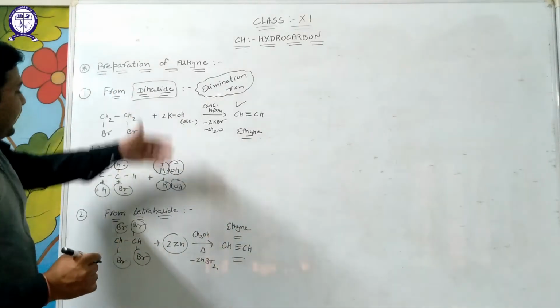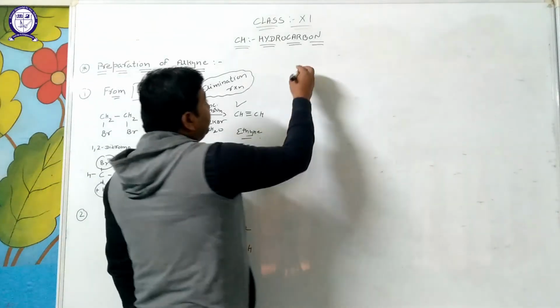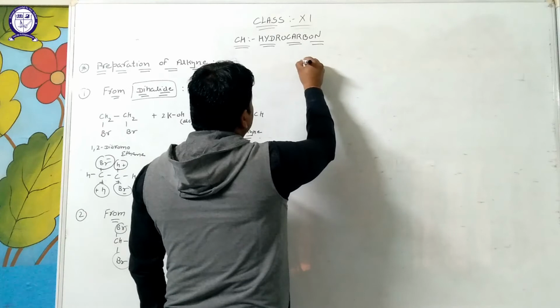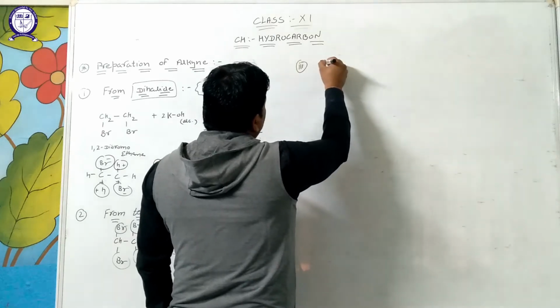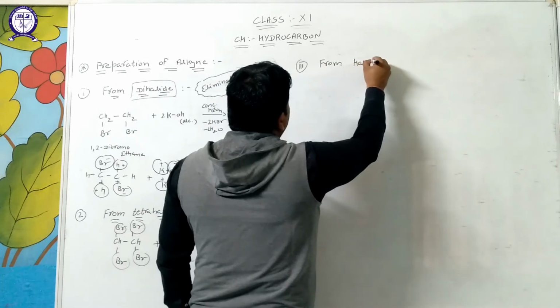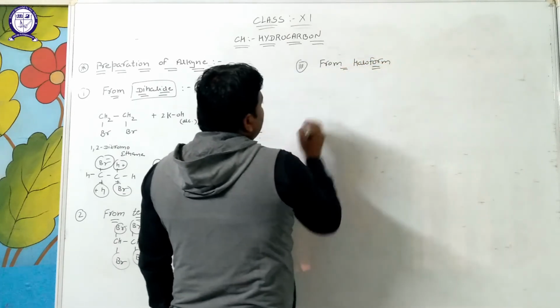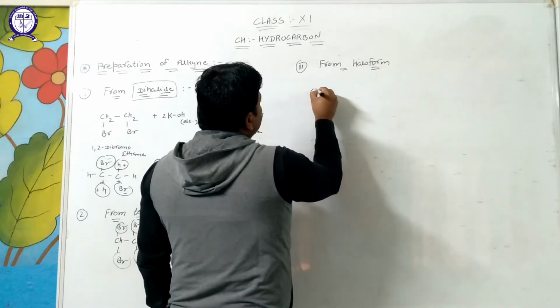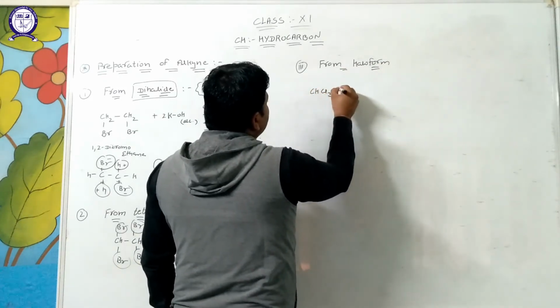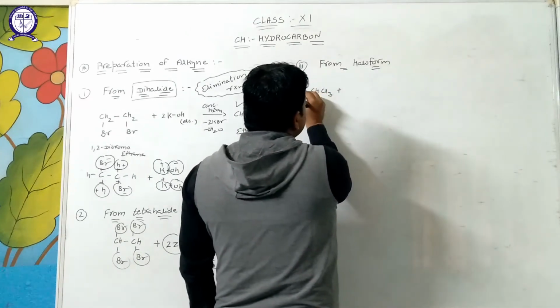First from dihalide, second from tetrahalide and third from haloform. Third, from haloform. When chloroform, CHCl3, reacts with Ag, clear? Let us see how the reaction takes place.